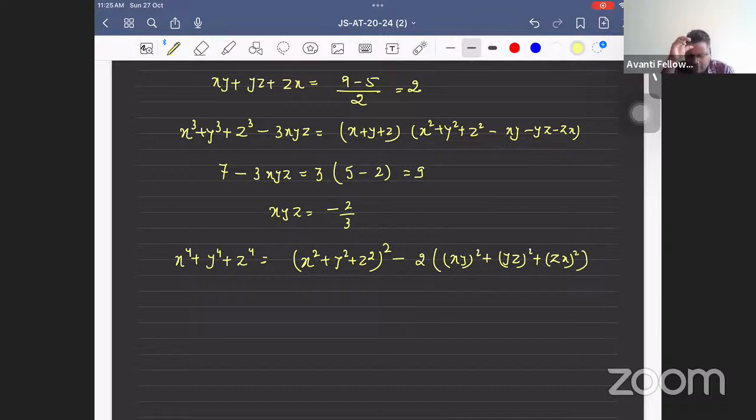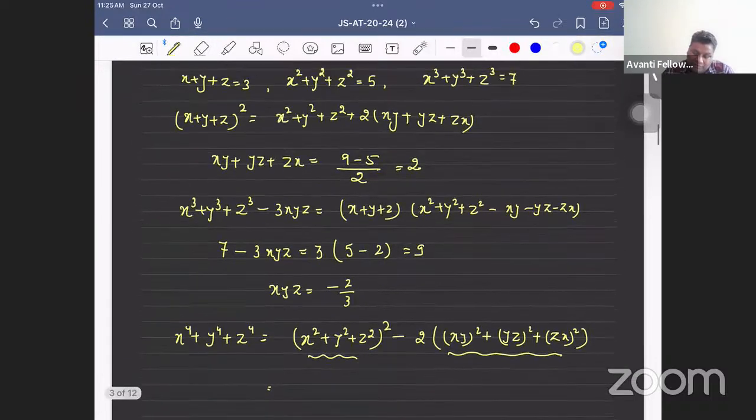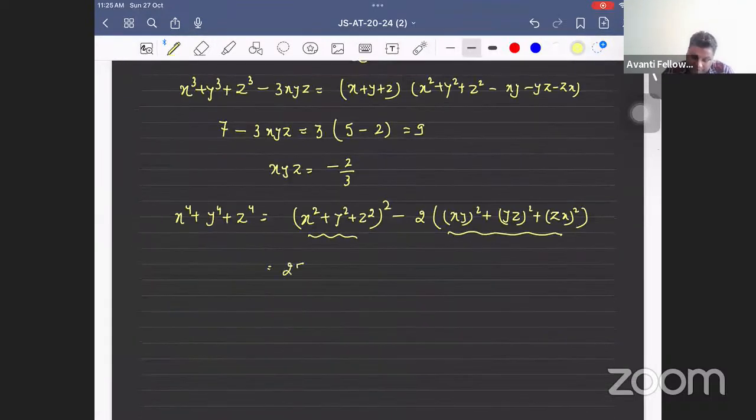Am I correct? Now this is quite a task to identify. So (x square plus y square plus z square) whole square is 25, minus 2 times. Take it as a square plus b square plus c square, that is (a plus b plus c) whole square minus twice of (ab plus bc plus ca).